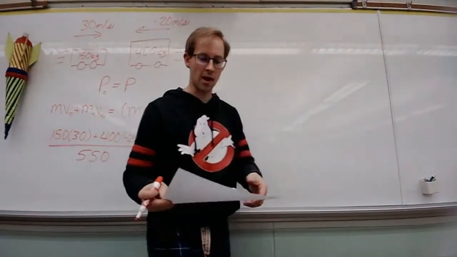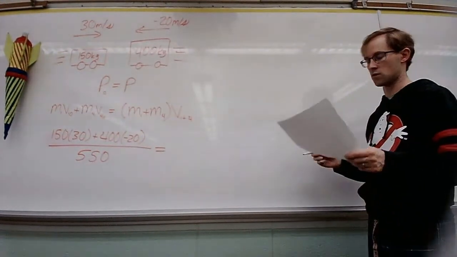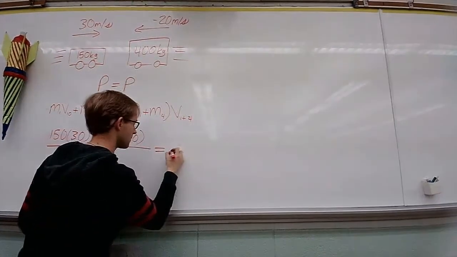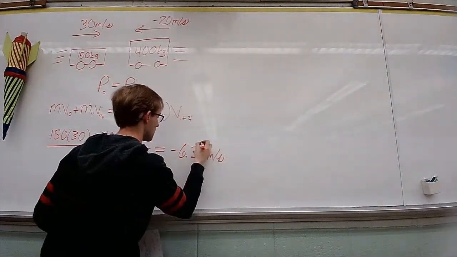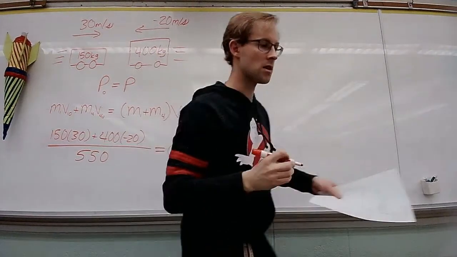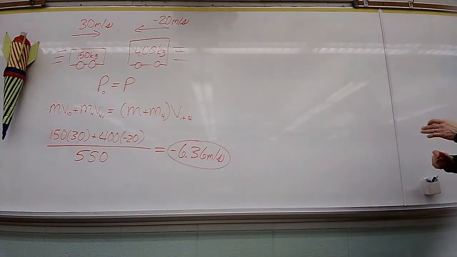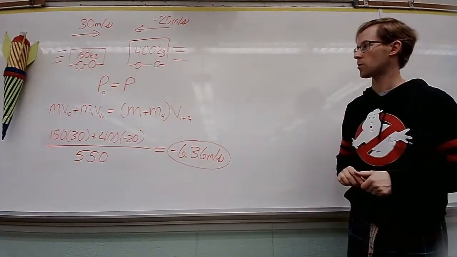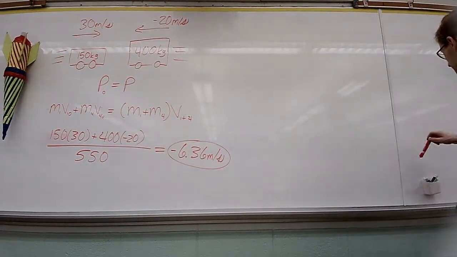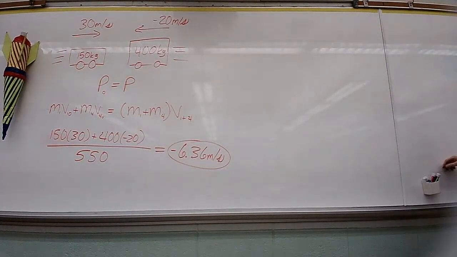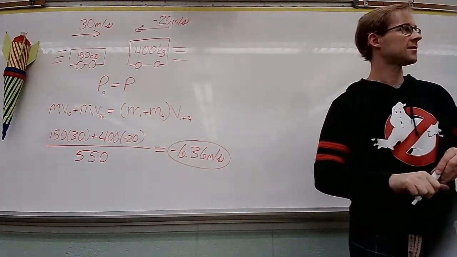And if you run that calculation, you should end up with negative 6.36. And that would be your final result there. These are probably the easier collisions to deal with in terms of your collision equations there. Questions on this one?